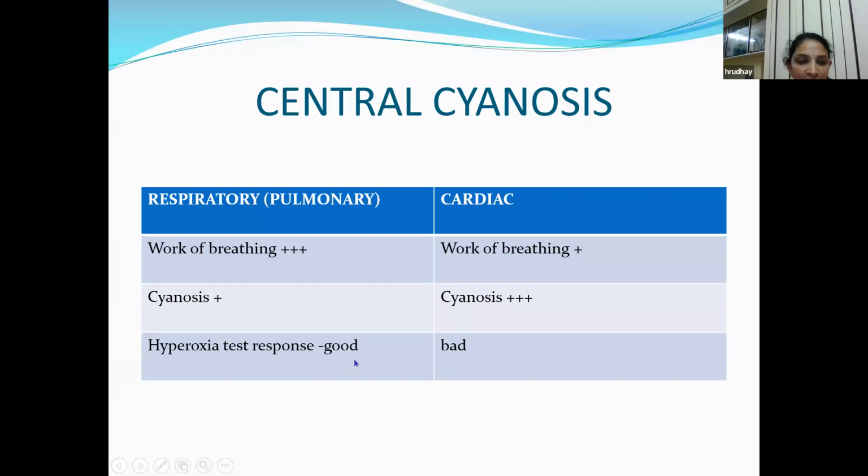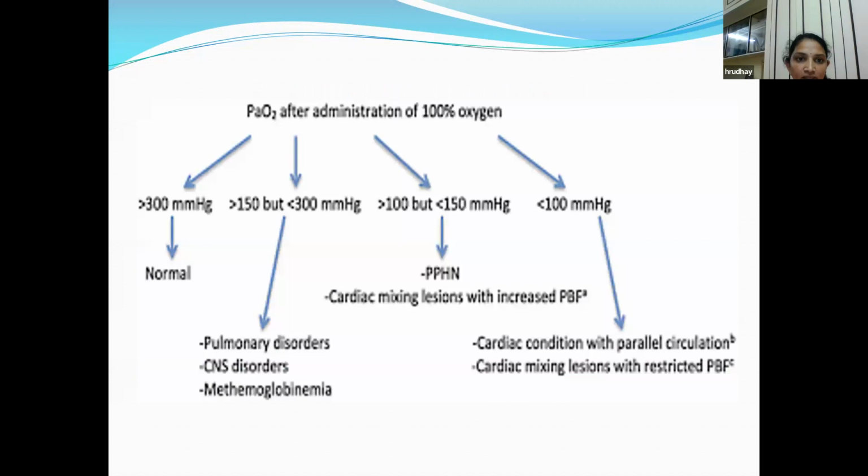The final thing is the hyperoxia test. The response to the hyperoxia test in case of respiratory is good, whereas in case of cardiac it is not that good. So what is the hyperoxia test? Administration of 100% FiO2, then recheck the PaO2 by ABG levels. If the PaO2 is more than 300, then it is normal.